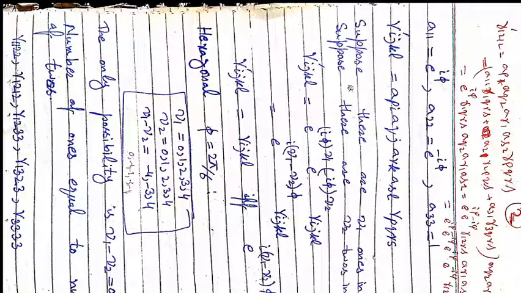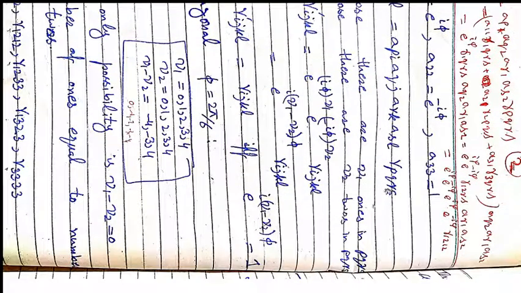Suppose that there are n1 ones in PQRS. That is, the number of ones could be 0, 1, 2, 3 and 4, that is gamma 1222, gamma 1122, gamma 113, gamma 1111.